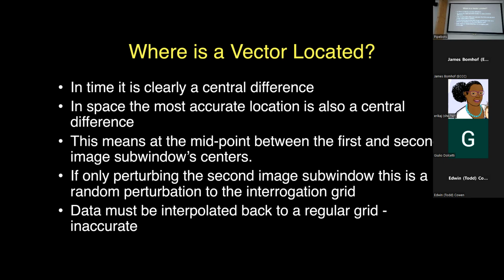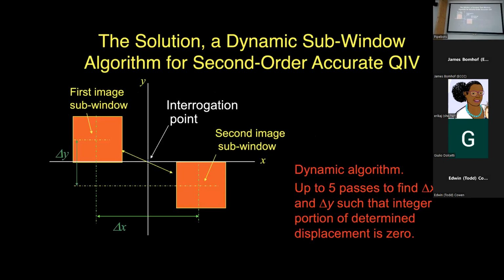So now I've got a perturbation to my interrogation grid that I either have to interpolate back or I have to think about some way of solving. An easy way to solve that is to use a dynamic subwindow algorithm that actually displaces the subwindows in image 1 and image 2. In image 1, I displace the subwindow half the delta X and delta Y that I'm measuring, upstream, if you will.